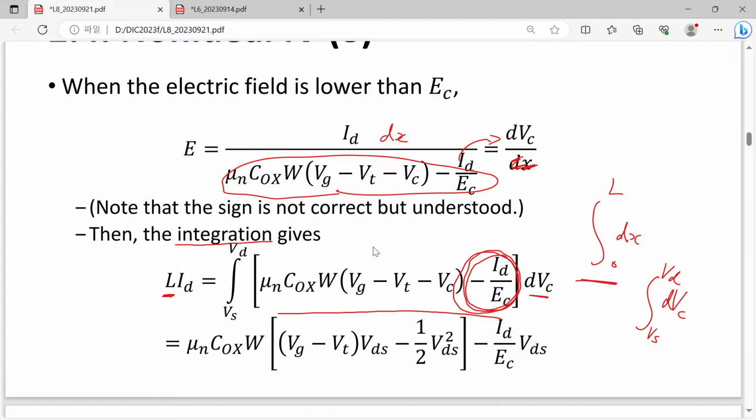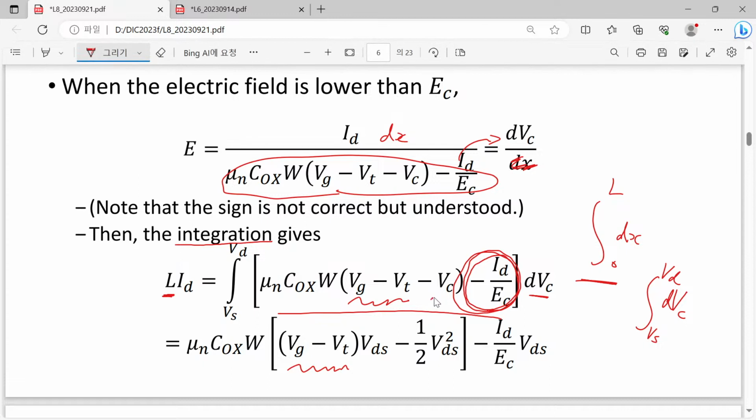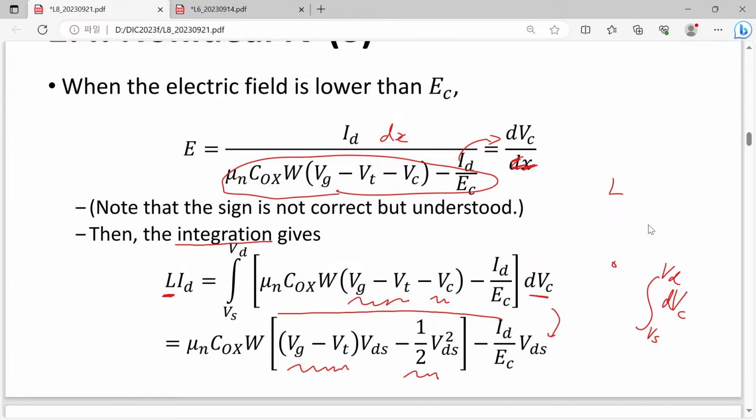So this guy is this term, and this guy is this term, and the remaining term, what is it? This is nothing but obtained from our previous one.